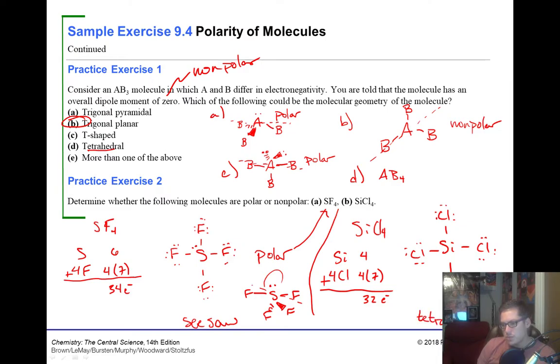Because all of these bonds are the same, for SiCl4, if the Si were attached to something like HCl3, where one of the chlorines is an H instead of a Cl, then it would be polar. But because it's all the same and completely symmetrical, no matter how you cut it, this is a nonpolar molecule.